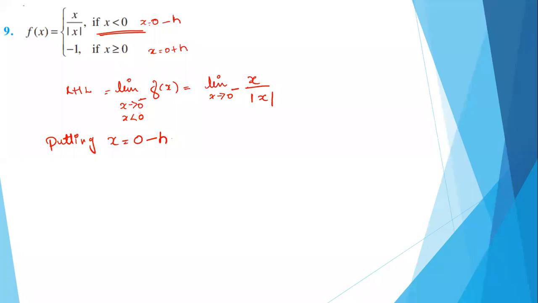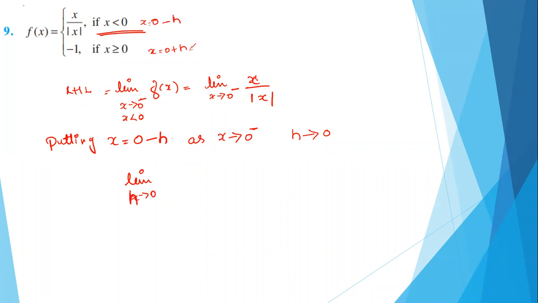As x comes closer to 0 from the left hand side, h will be very close to 0, so h tending to 0.